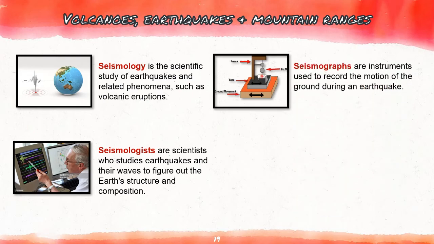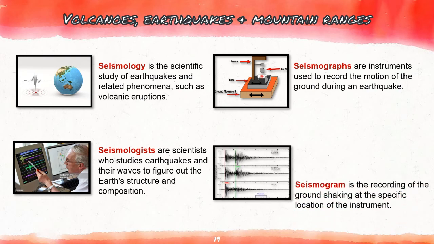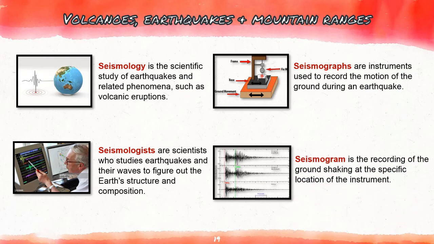Next are seismographs, instruments used to record the motion of the ground during an earthquake. The last one is a seismogram, the recording of the ground shaking at the specific location of the instrument.